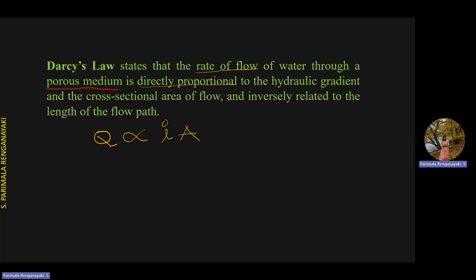Now, the proportionality constant is considered as the hydraulic conductivity, which is nothing but K. So now discharge is equal to K into I into A.